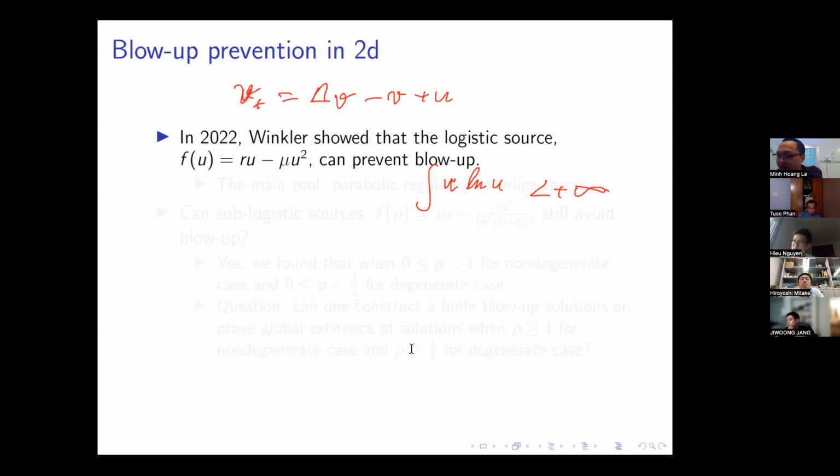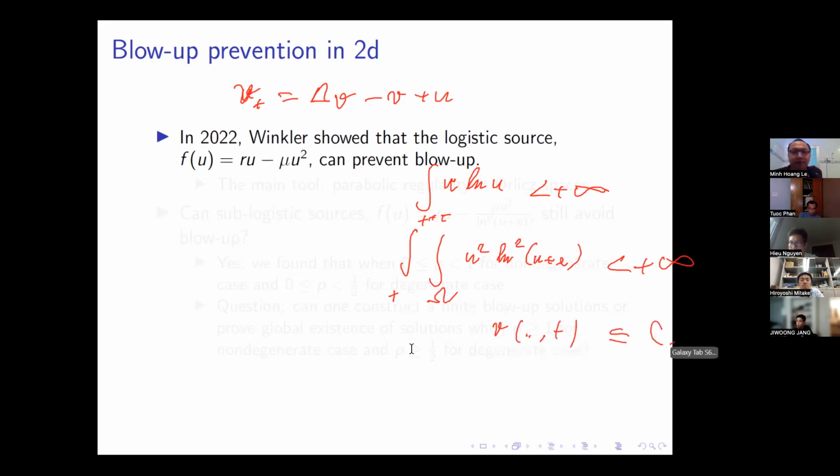In this case, we have some double integral, some estimates like this. Then v is bounded at all time. So that is heuristically the idea of the result in 2022.